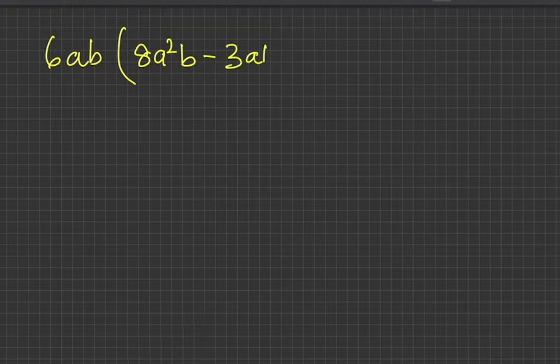So we have 6ab is our multiplier, and then we have 8a squared b minus 3ab plus 5b squared.